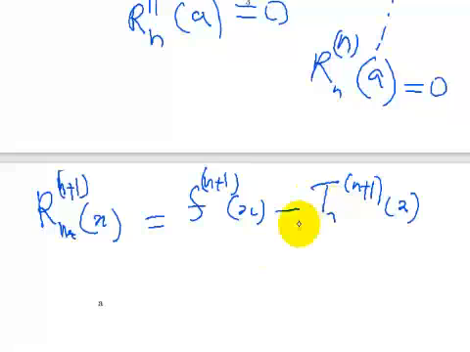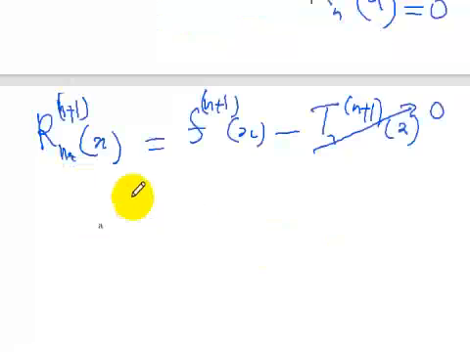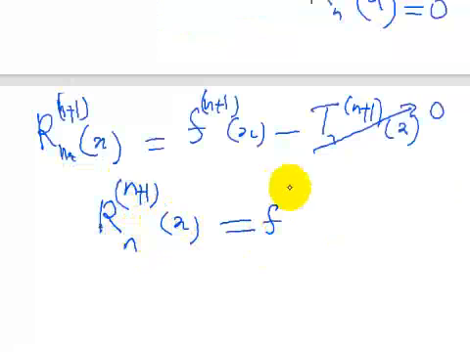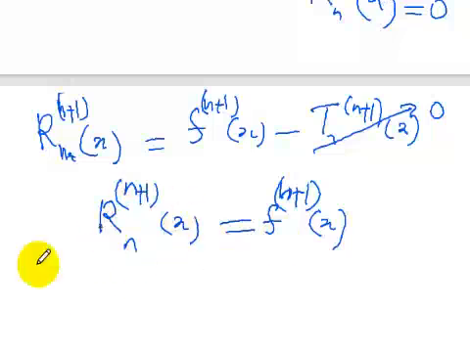So we end up with the n plus 1 derivative of the error function being the same as f^(n+1)(x), right? So what we do now is try to bound this one here.